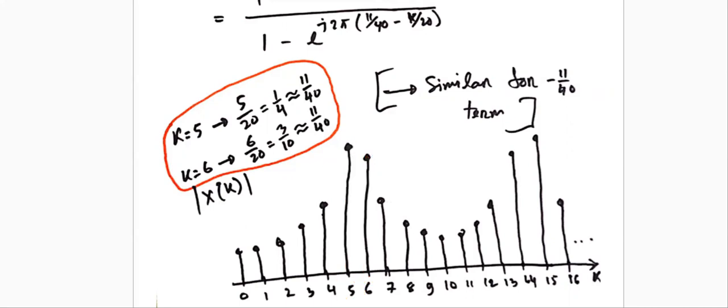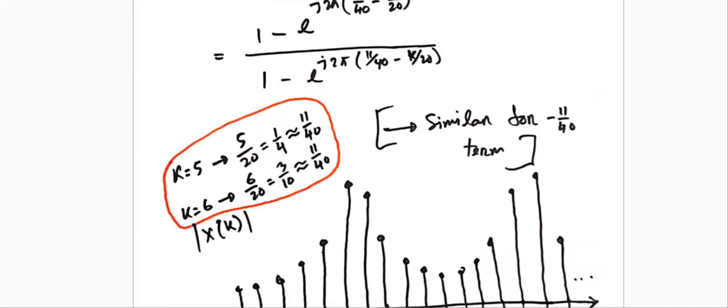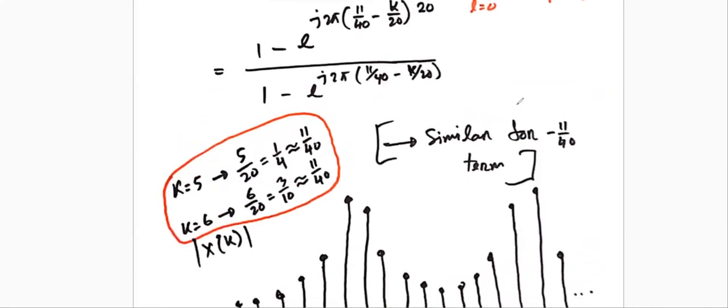Why is that so? Because as we can understand, the equation was our x[n], it was cos twice pi 11 by 40 into n, where 11 by 40 is very close to 5 by 20.